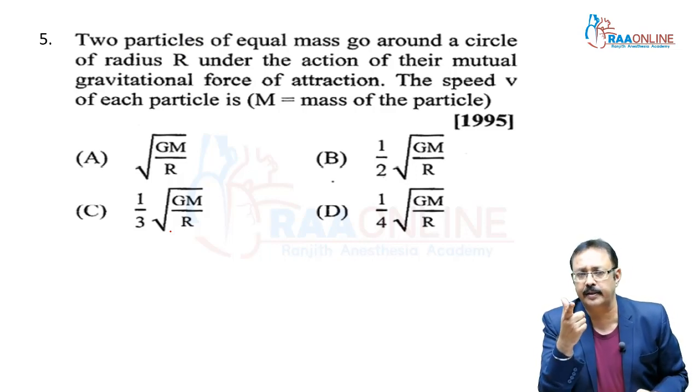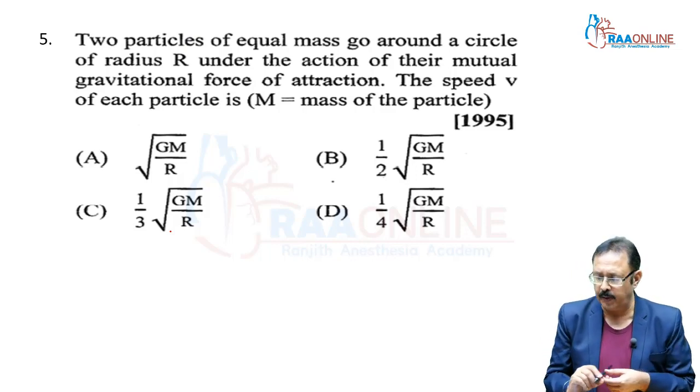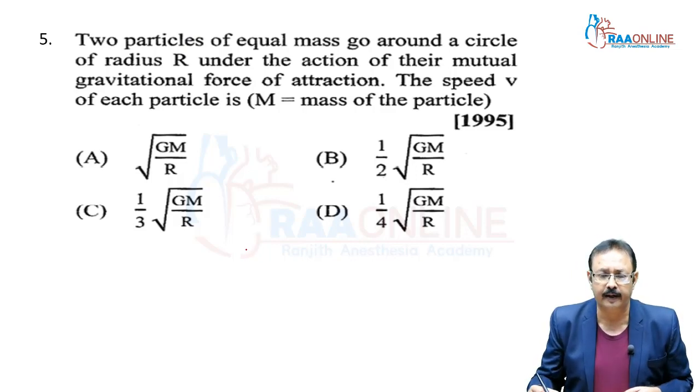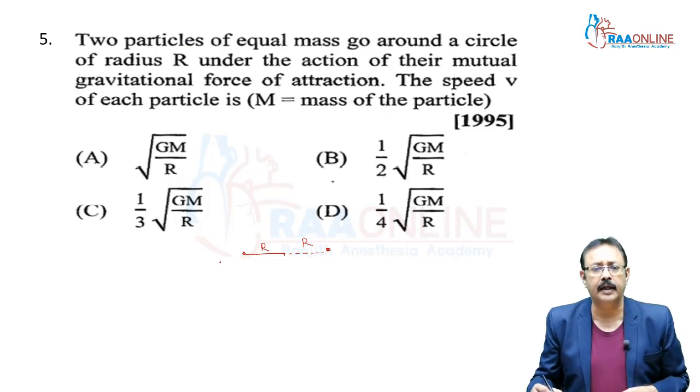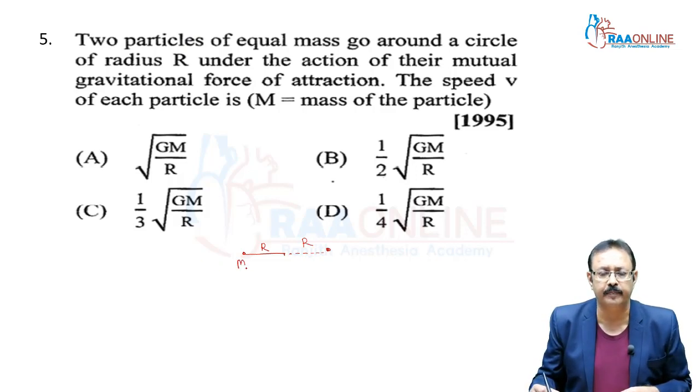Same phenomenon is here. The two particles are attracting each other. Equal mass, and they are moving in equal radius, in the same circle. The mass of two particles is m.